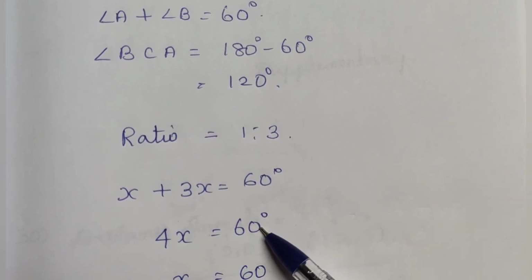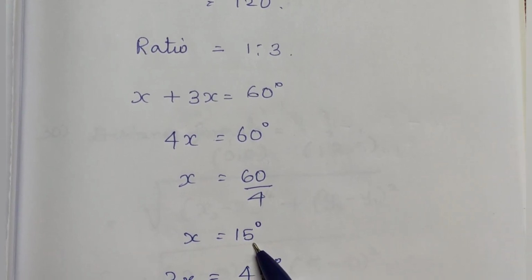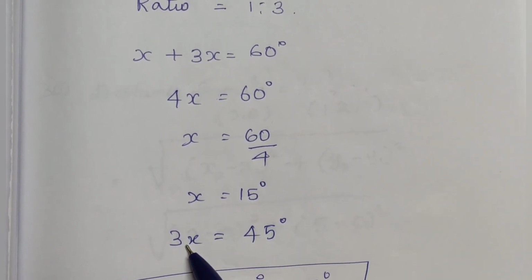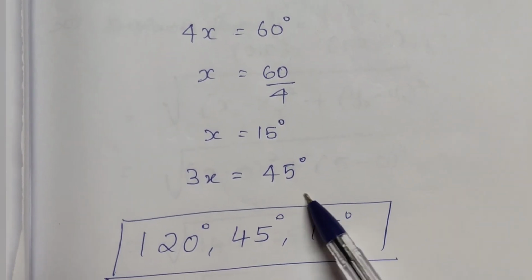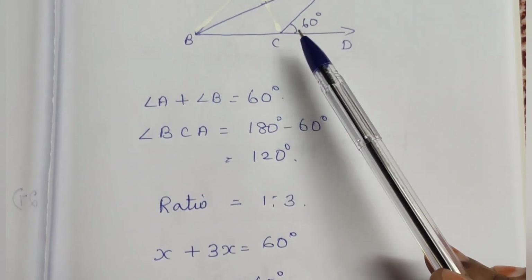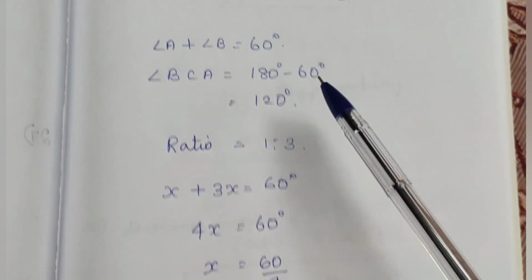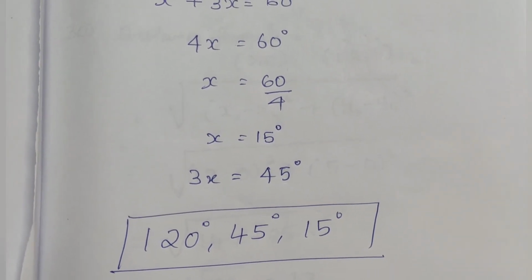So 4x is equal to 60 degrees, x is equal to 60 divided by 4, x is equal to 15 degrees. So 3x is equal to 3 into 15, 45 degrees. Therefore, the angles of the triangle are 120 degrees, 45 degrees and 15 degrees.